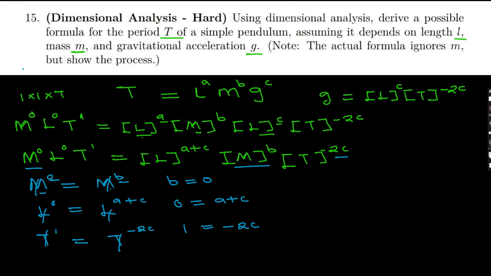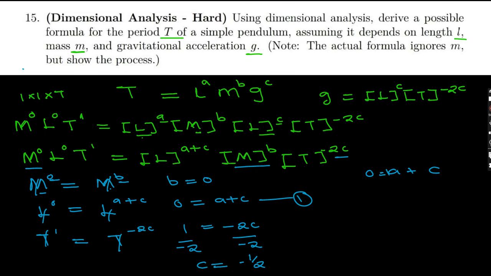Already B we have, it has been solved already. So to solve for C here, we're going to divide by negative 2, also by negative 2. That means our C is equal to negative half. Now to solve for A using this equation, we have 0 equal to A plus C. So we are going to take C to the other side.